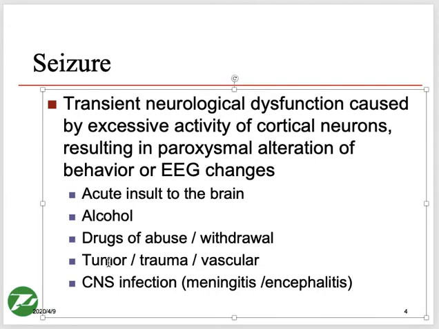So see, there are many causes of seizure. For example, metabolic causes, guys. Like I always stress on this thing.